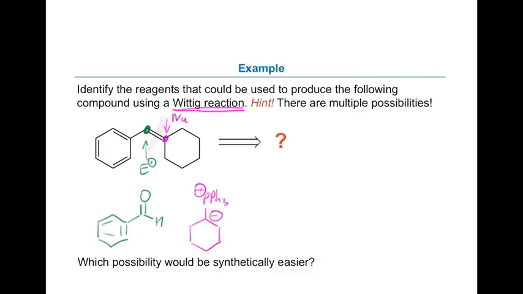Now let's look at the alternate. What if we were to switch it and say, as an alternative, let's say now I'm going to do blue and red, where now this side is my nucleophile and this side is my electrophile.